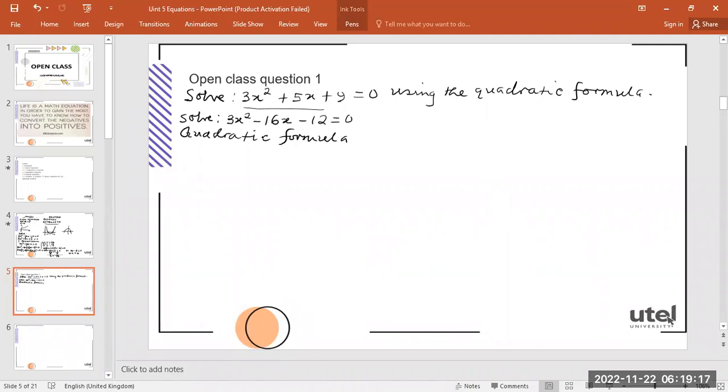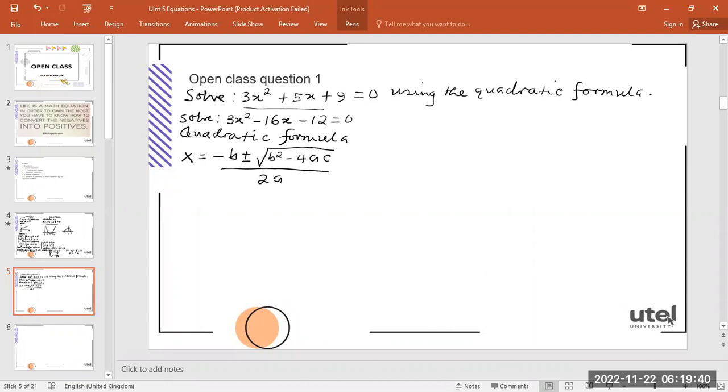Now the quadratic formula says that x is equal to minus b plus or minus the square root of b squared minus 4 multiplied by a multiplied by c, everything divided by 2a. Now this is the quadratic formula.